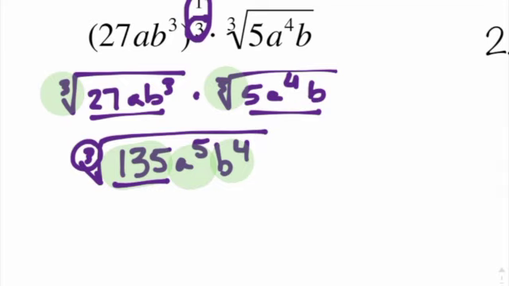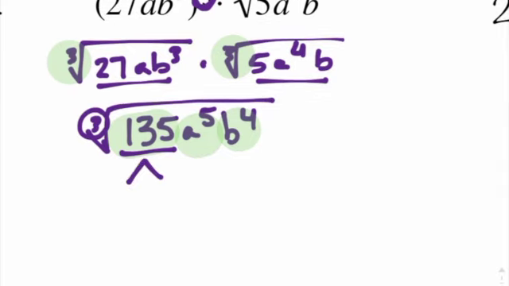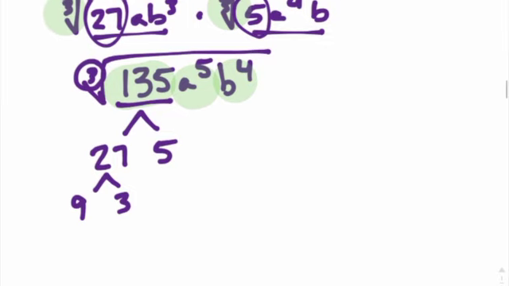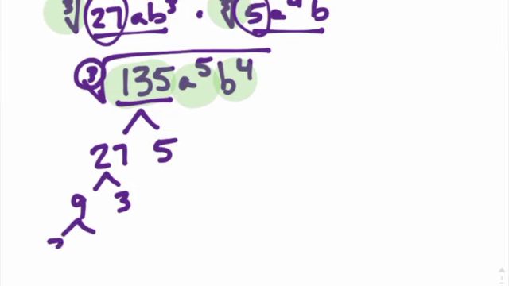So we have to do our prime factorization tree to simplify 135. Now, we already know, from the previous one, that 27 times 5 is 135. So we might as well just use 27 and 5. And then that breaks down into 9 and 3. And 9 breaks down into 3 and 3.